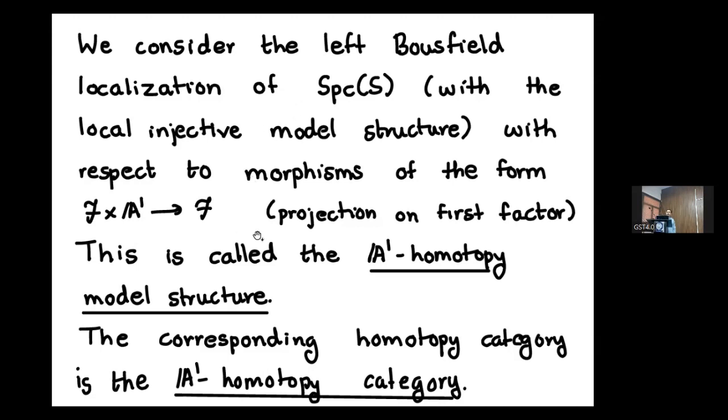And the corresponding homotopy category for this model structure is called the A1 homotopy category. So that's basically the definition, which is again not saying much, but at least now I hope that you can see what is supposed to go into it.